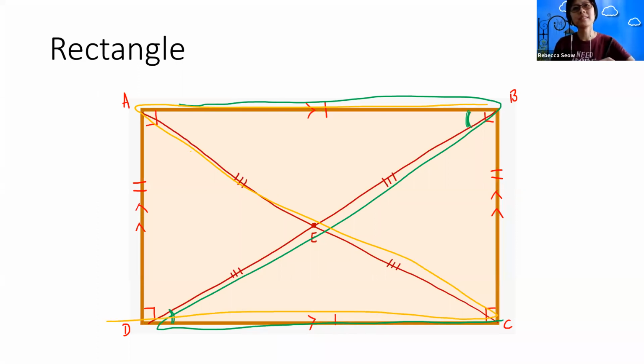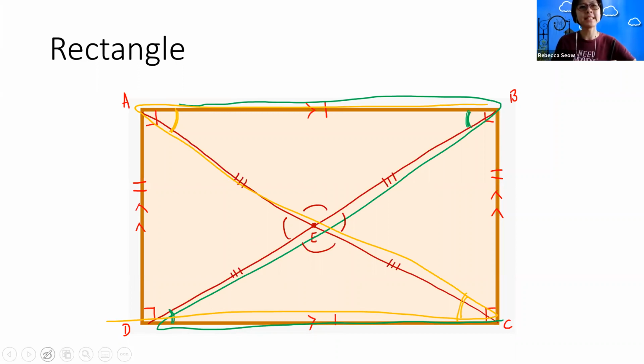What you do notice is that this angle over here, BAC, is equal to the angle at the bottom, ACD, and it's due to alternate angles. Yeah. What else do we see? What we can also see is these four angles over here form angles at a point.